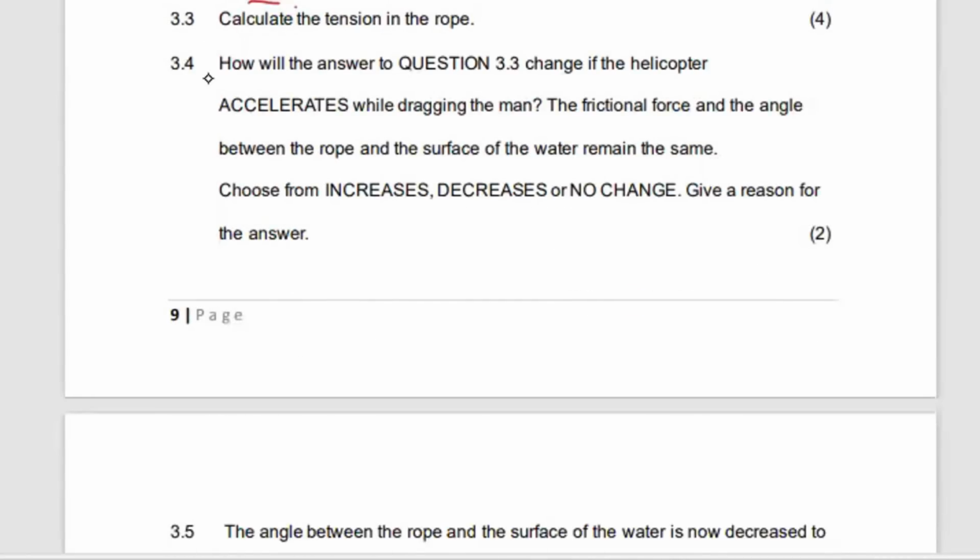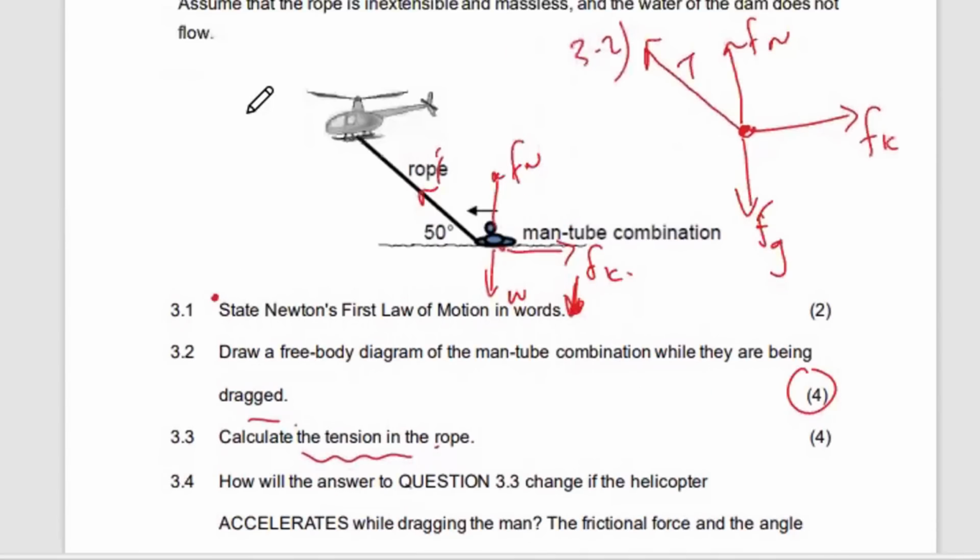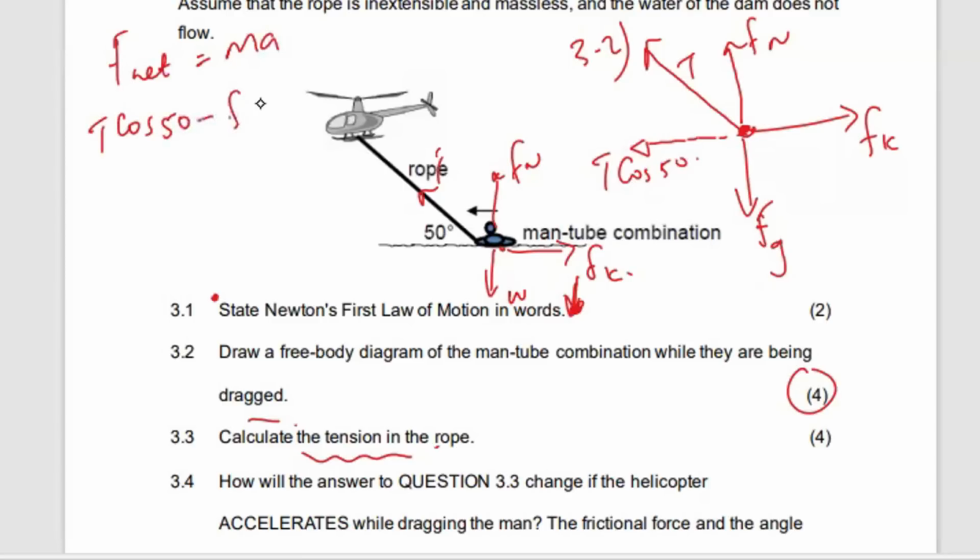Then they want us to calculate the tension within the rope. So if I resolve this, I'm going to focus on just the horizontal component. That's going to be T cos 50. From my F net equals MA, I'll have T cos 50 minus my frictional force.